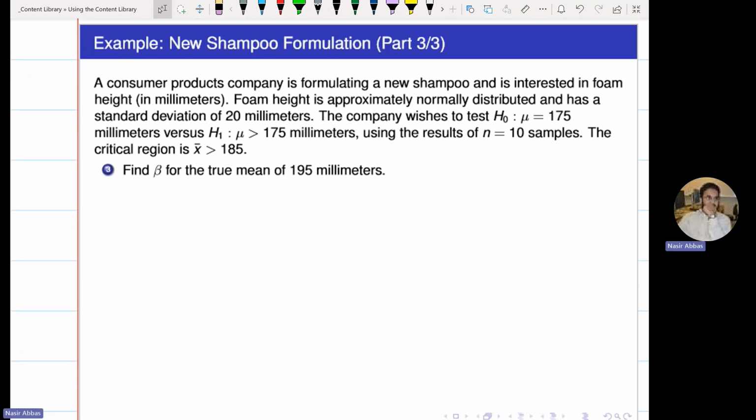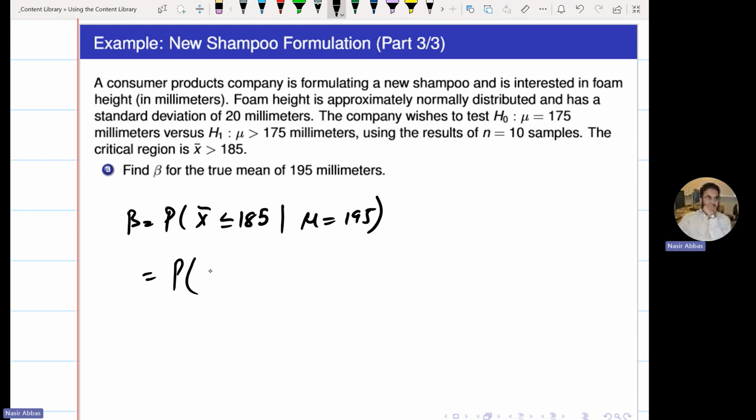A technical point. Again, it's a similar question. You have to find beta when the actual mean is not 185, it is 195. So let us see how the type 2 error changes if we change the value of mu. Here, beta will be probability of x bar less than or equal to 185 given H naught is false. That means mu is 195.